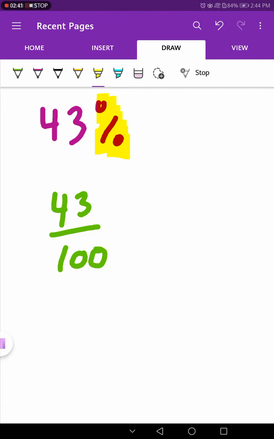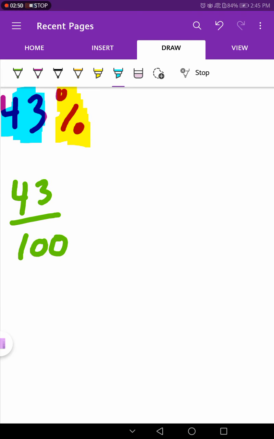The percent sign means this number is over 100. Now how can I write it as a decimal? Read it: 43 over 100 means 43 hundredths. And how do we write 43 hundredths? 0.43.